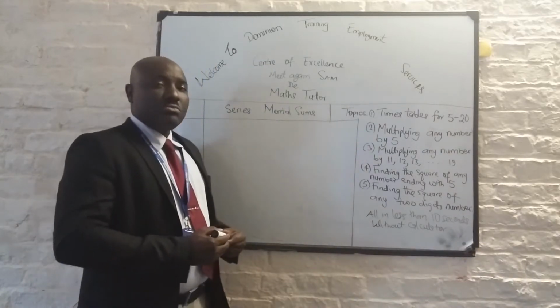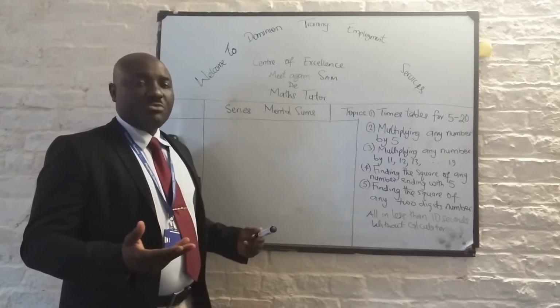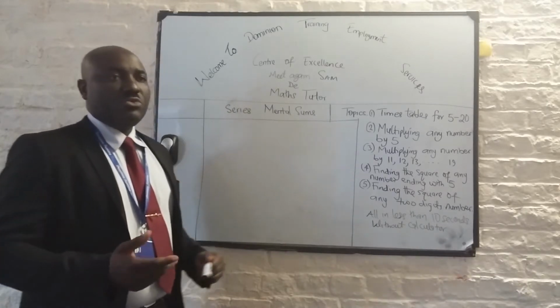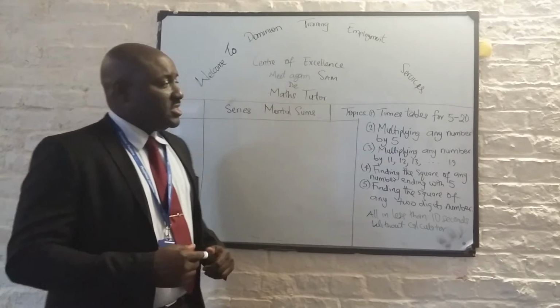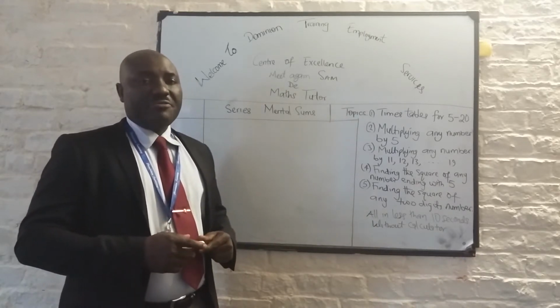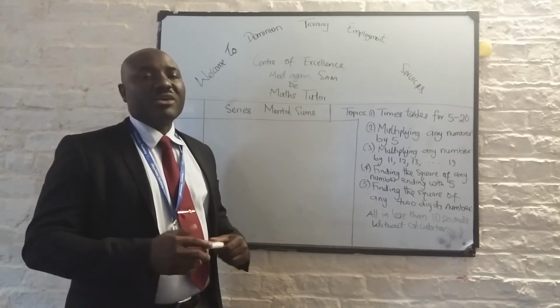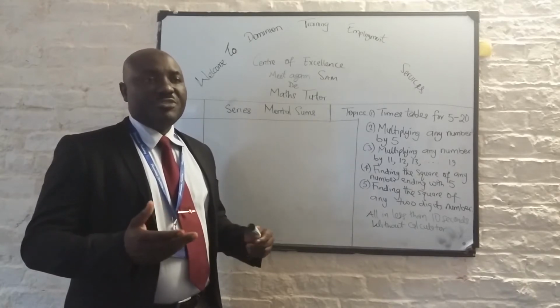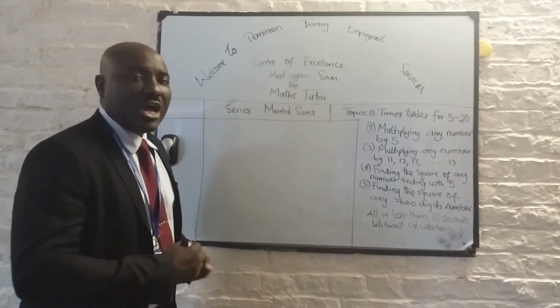Times tables. We know our 2 times table, 3 times table, 4 times table, then the 5 times table. To multiply any number by 5, you simply add 0 to the back of that number and perform a division by 2. Let's see how it works.